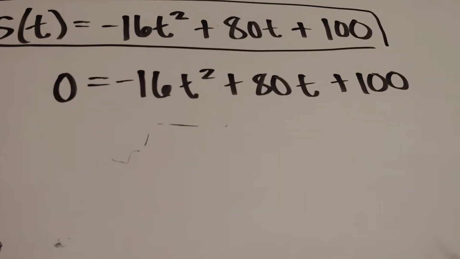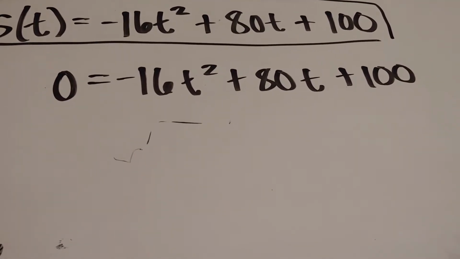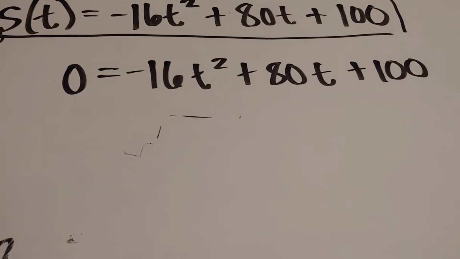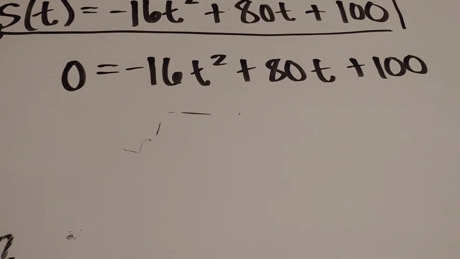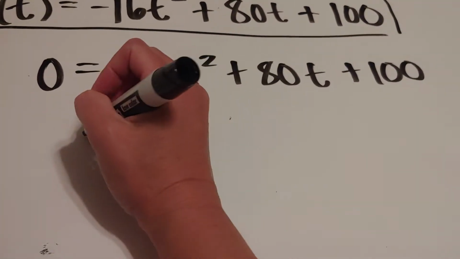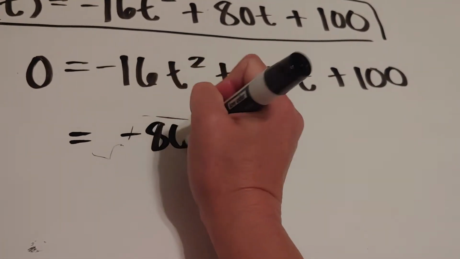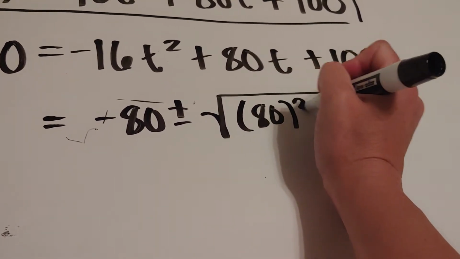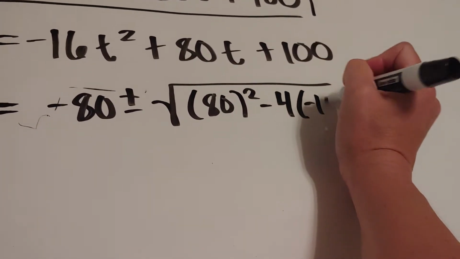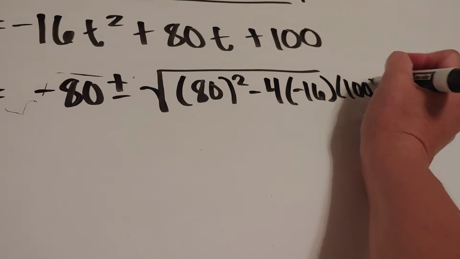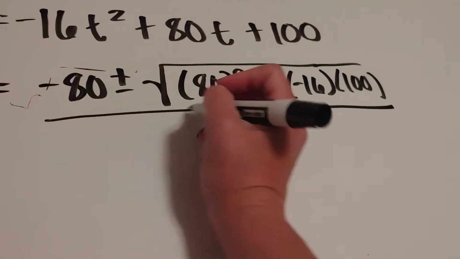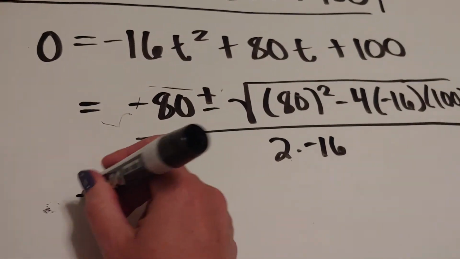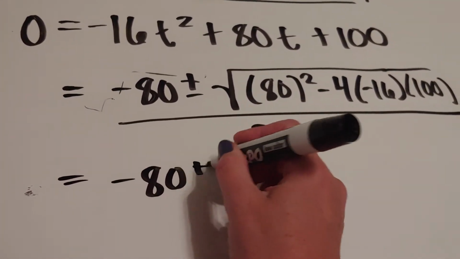Now, some of the book problems are factorable, but some are not. This is an example where this is not factorable. We're not going to get nice, pretty answers. You need to use the quadratic formula. The quadratic formula is negative b plus or minus the square root of b squared minus 4ac, all divided by 2a. I've already taken a liberty to do some calculations.